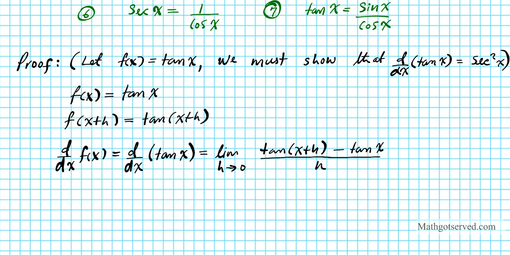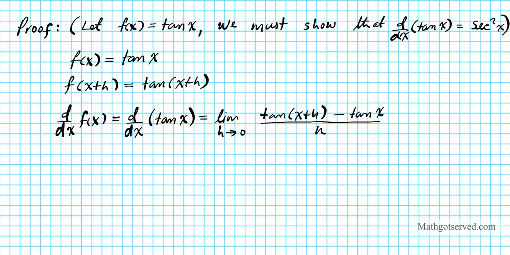Okay, so this is going to become, I shift it to the right because it's a little bit long, the limit as h approaches 0. Instead of tan of x plus h, I'm going to use my quotient identity, formula 7.